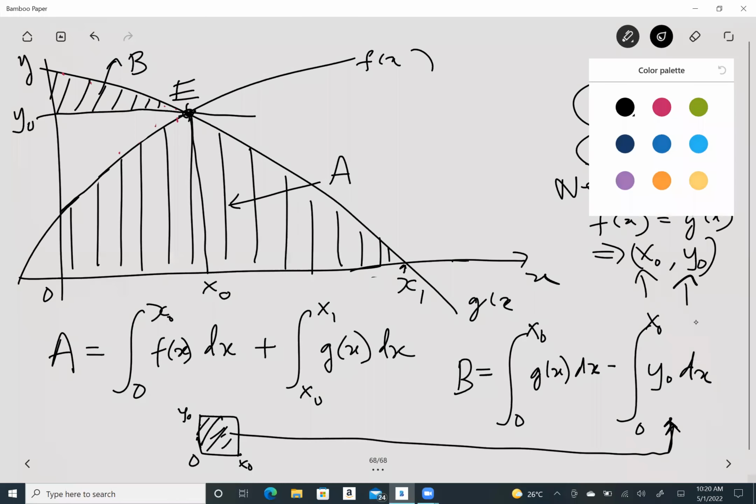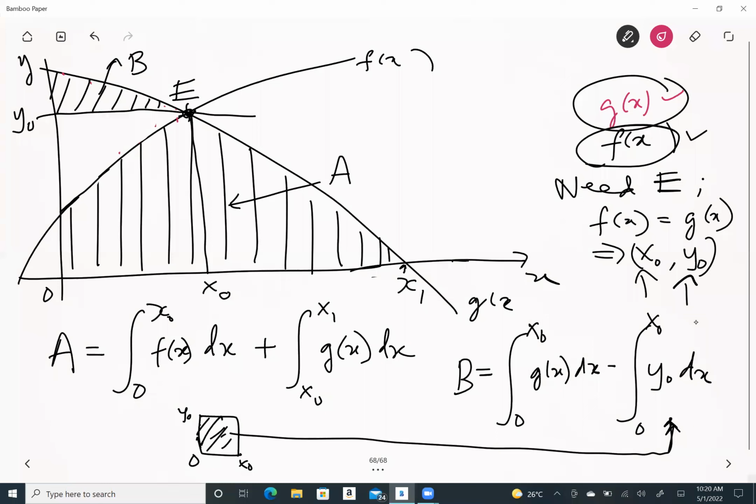We will just play around with this. Now let's say I want to find the area C. How do we get the area C? Don't forget area C: y0 minus f of x.